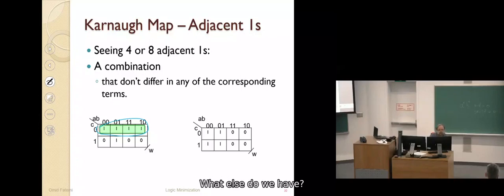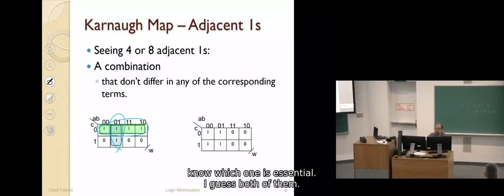What else do we have? Another implicant, it's obvious, yeah, this one, the vertical one, which is A naught B, and this one. Now, which one is essential? Do we have other implicants? No, we don't. So which one is essential?